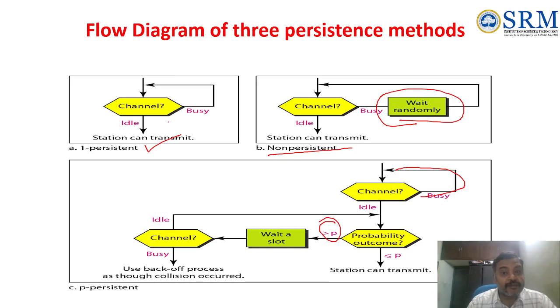One will choose the P value 0.2. Another station will choose the P value 0.4. So based on this P value, it will decide whether it can utilize this time slot or utilize the next time slot. So we are adding one more factor, one more point, to reduce the chance of collision.